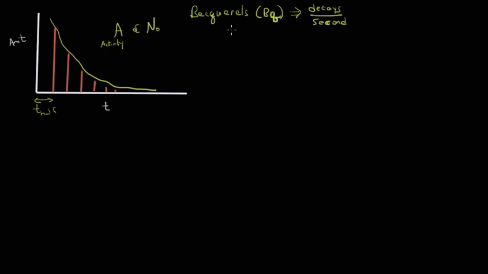Now, this is different than the half-life, which tells you the time to decay 1/2 of your population. Okay, so that is different, but you can convert from half-life to becquerels or becquerels to half-life if you know the amount, the grams or kilograms or micrograms or whatever you have of your material.